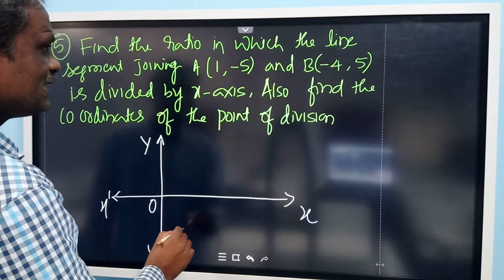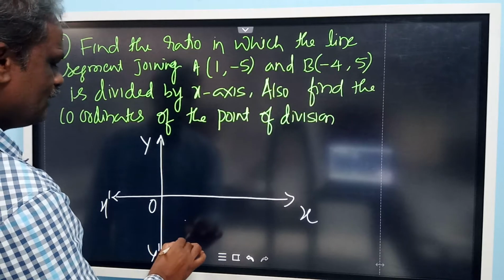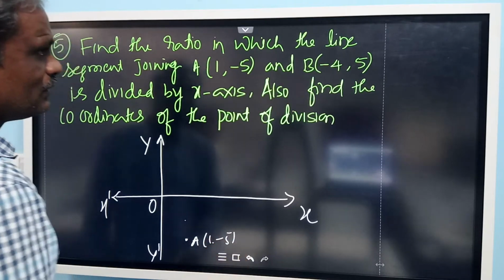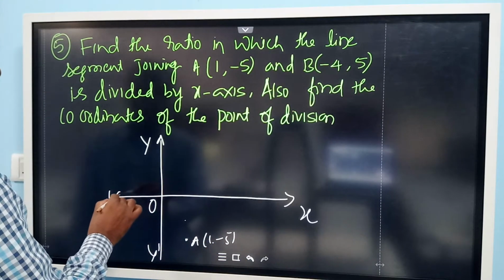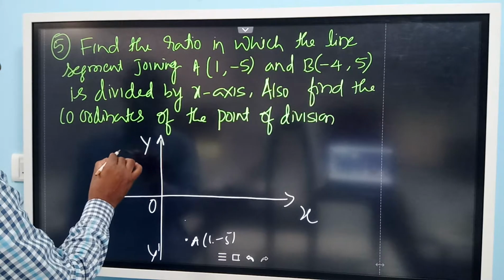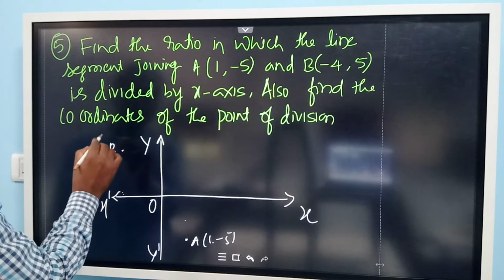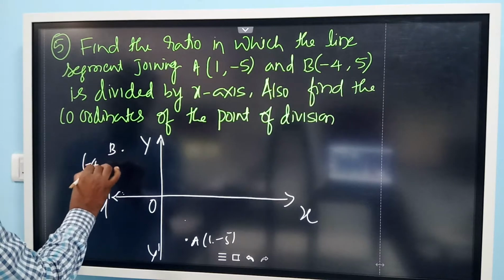Divided by the x-axis, I will take this as point A (1, -5), and another point B, which is given as (-4, 5).